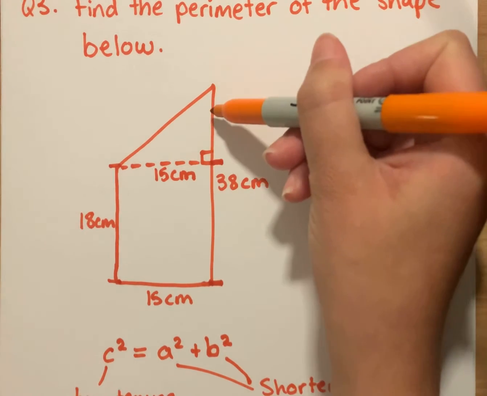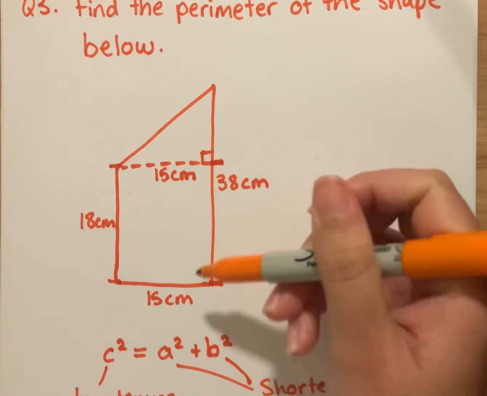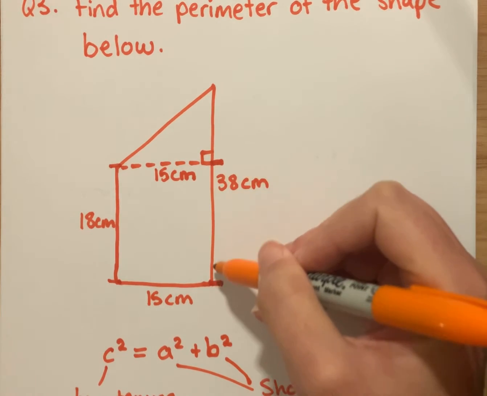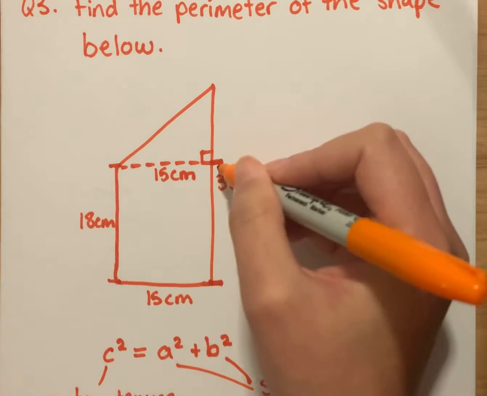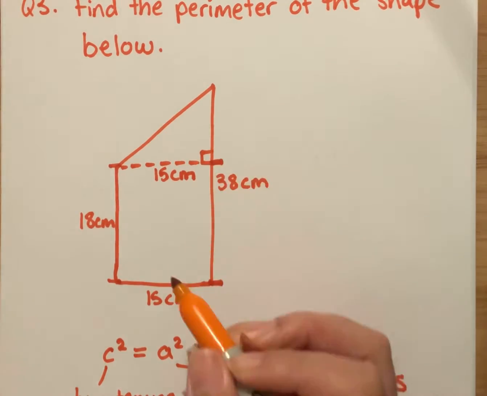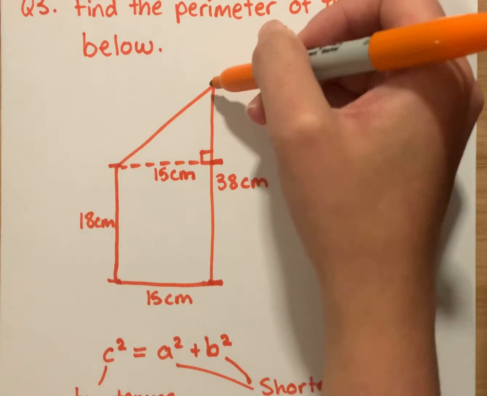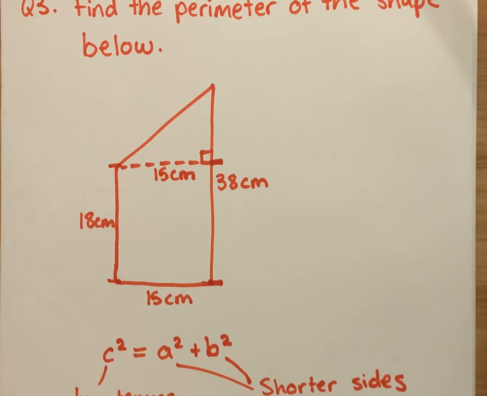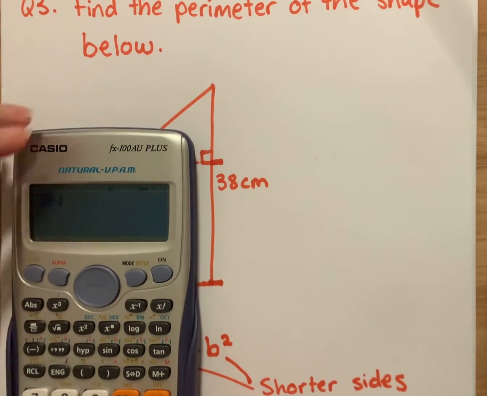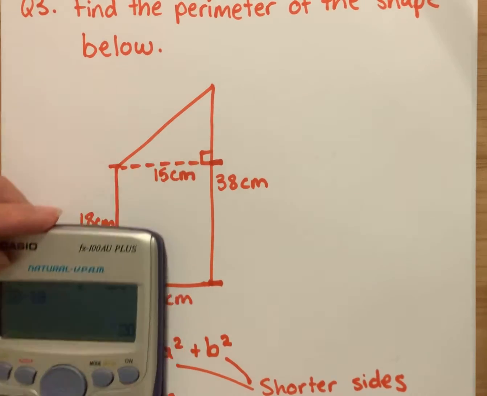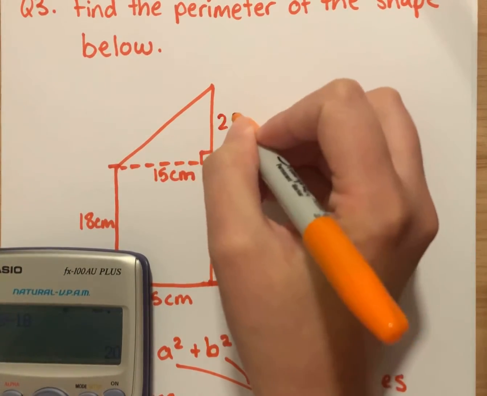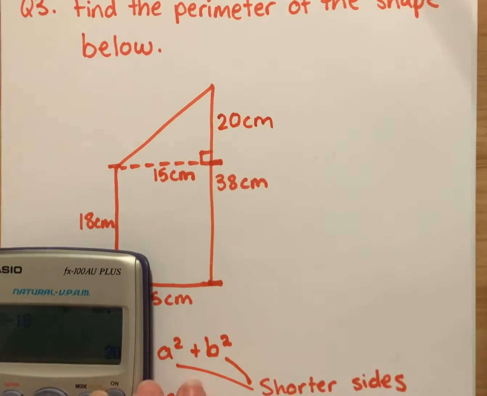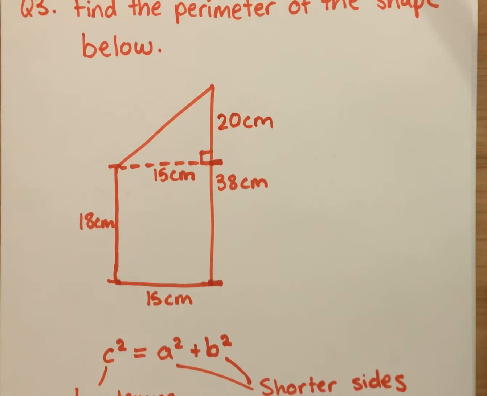So we just need to subtract this 18 centimeter section from our total of 38 centimeters. So 38 minus 18 gives us our remaining length up here, which is 20 centimeters. So now we have A and B in our right angle triangle.